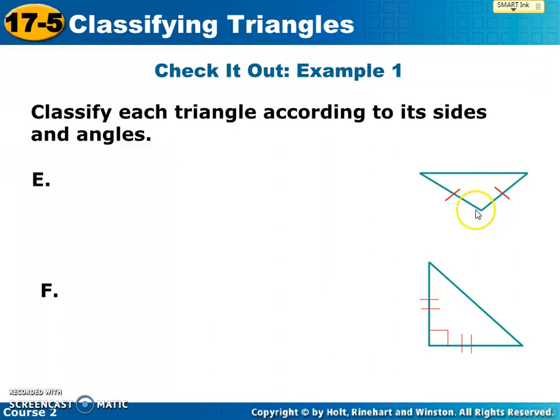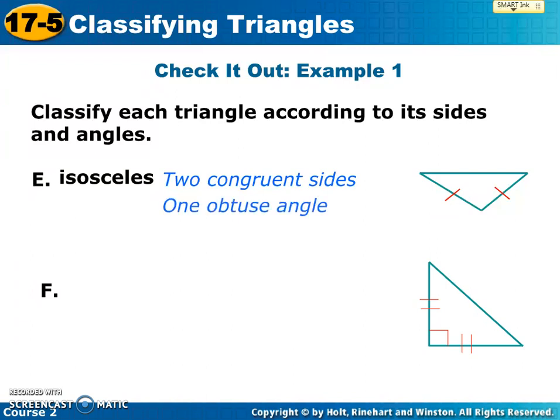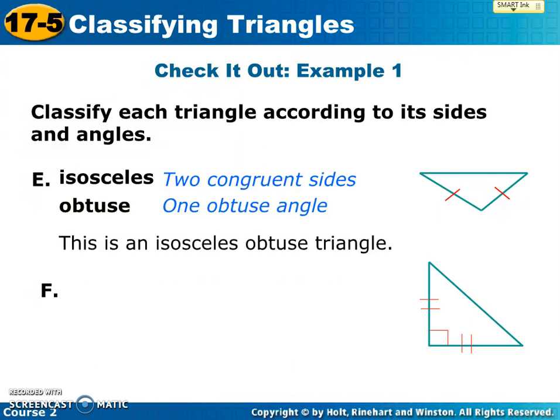We know it's not 90, even though it might look that way, because there's no symbol for it. So let's take a look. We have two congruent sides. We know that's going to be an isosceles. We have one obtuse angle, so therefore it's going to be an isosceles obtuse triangle.